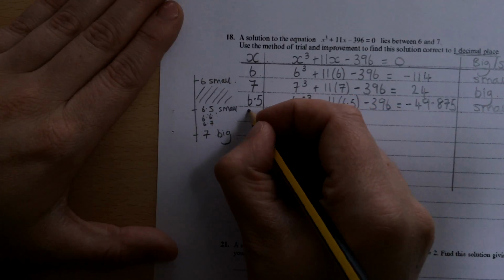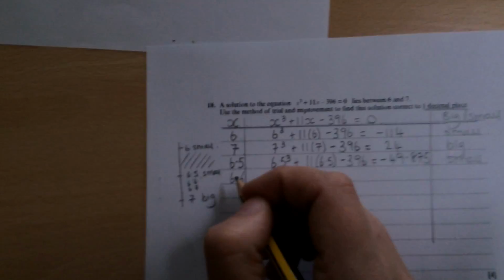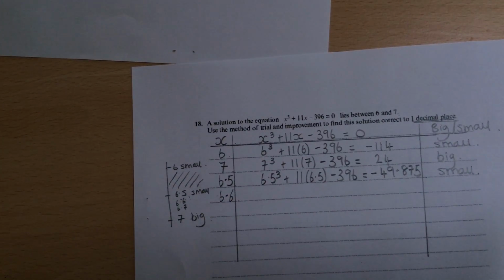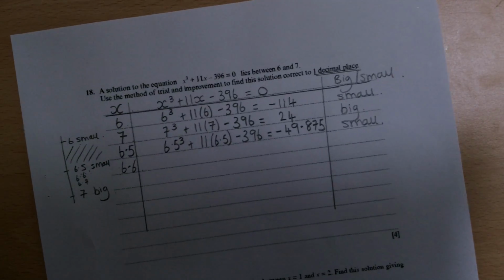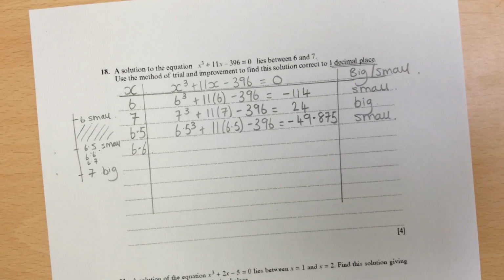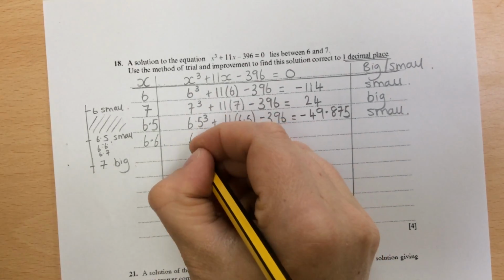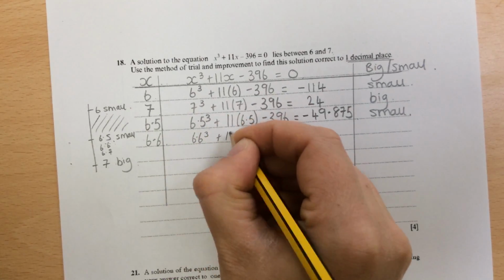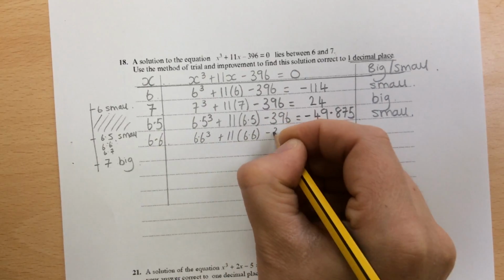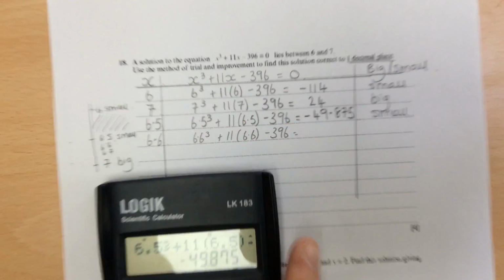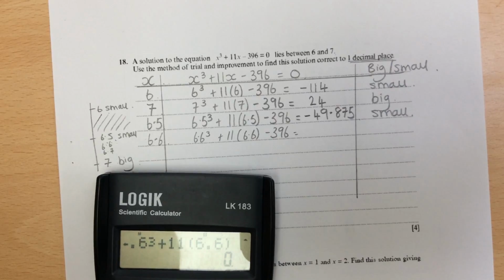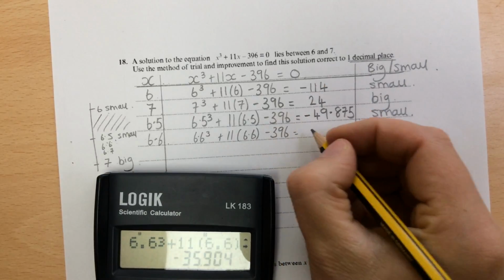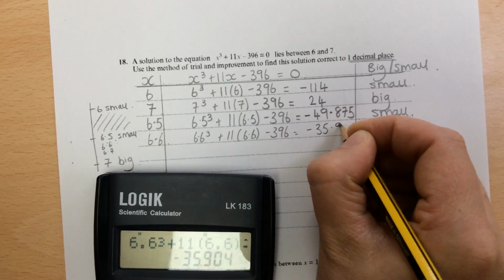So 6.6 first of all. 6.6 cubed plus 11 lots of 6.6 minus 396. On the calculator, that's minus 35.904.